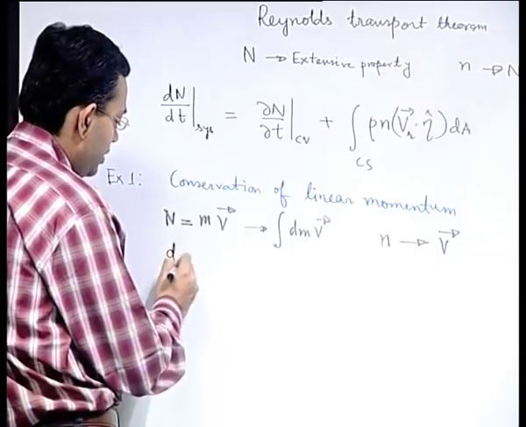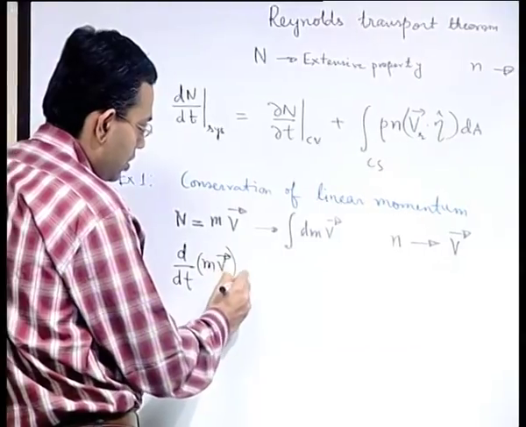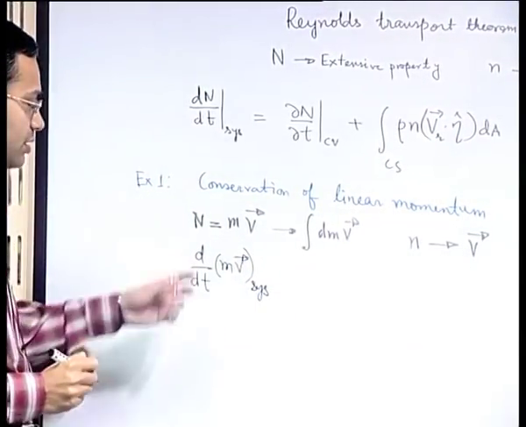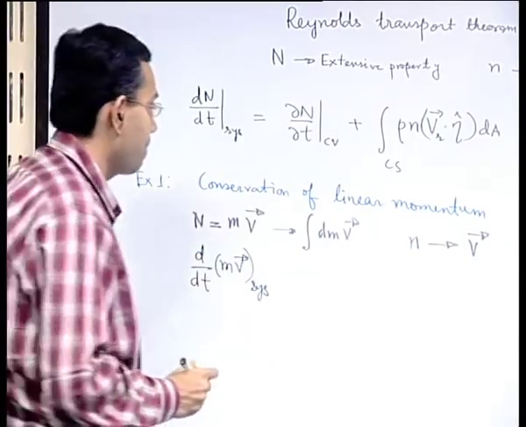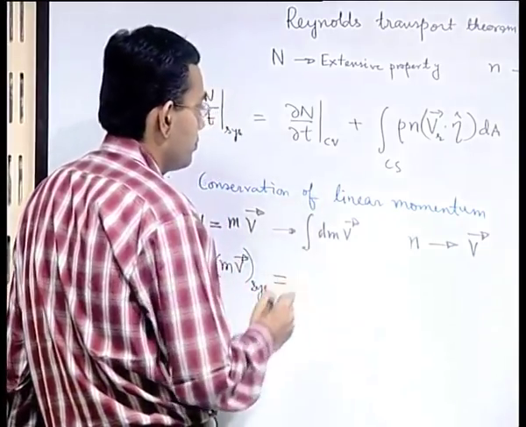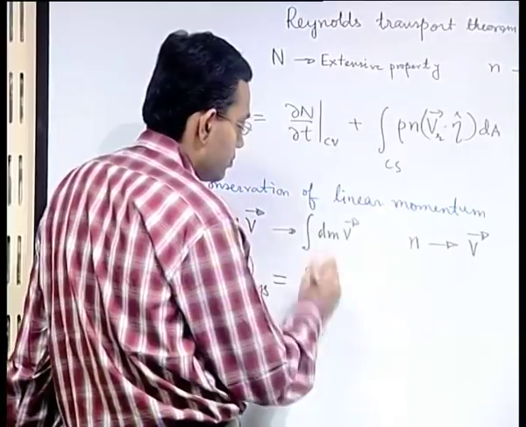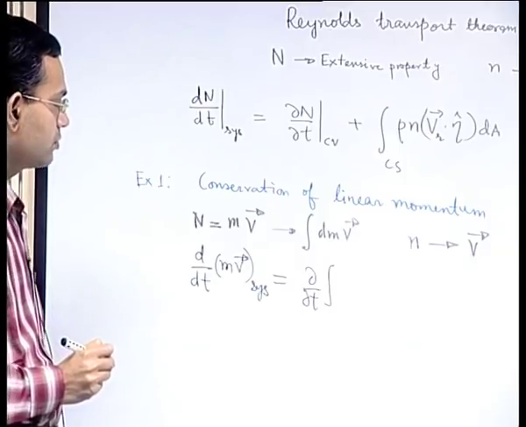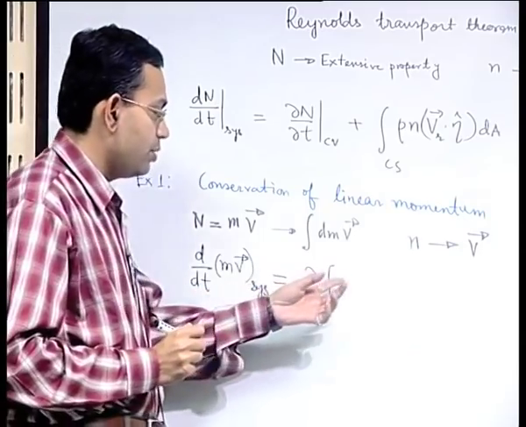So we write d/dt of m v of the system, or basically the integral of dm v, but just for simplicity we write it as d/dt of m v, is equal to, so what will be here?